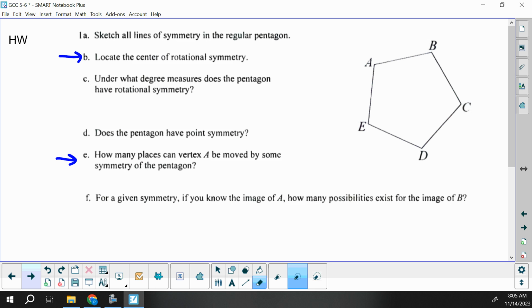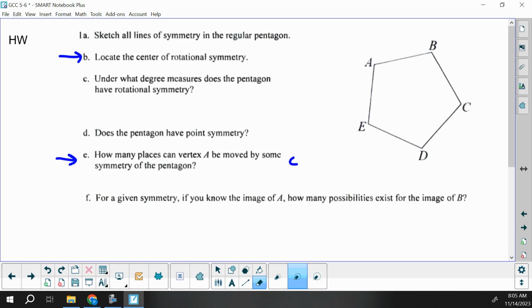So for example, spoiler alert, but there's a line of symmetry in this pentagon. If you folded it over that line, you would end up at point C. So C is one of the locations that A could be moved by some type of symmetry. So look at all your different line symmetries and all your different rotational symmetries and count up how many different places that A could end up.